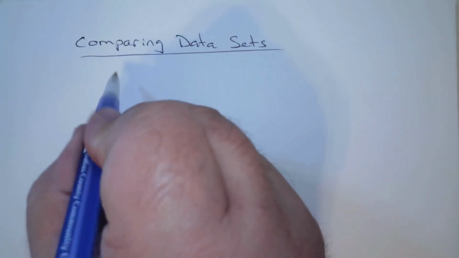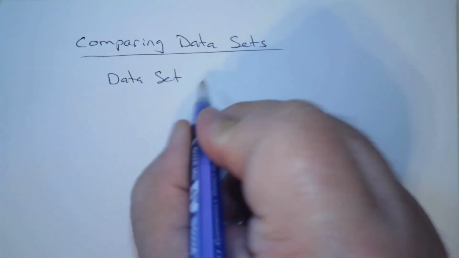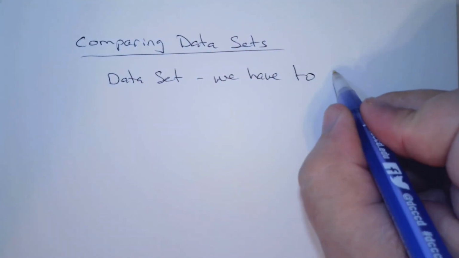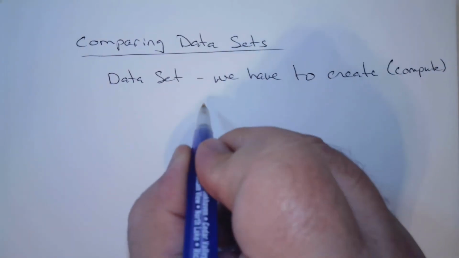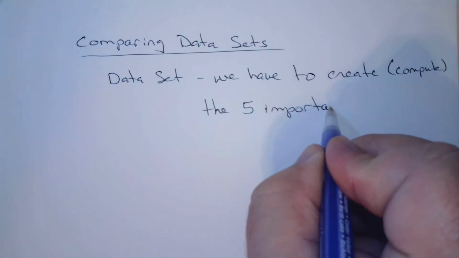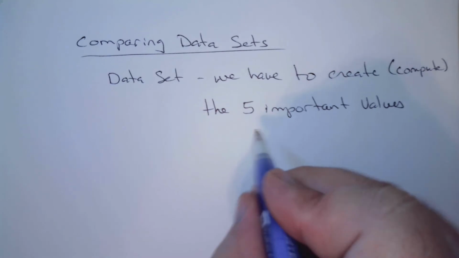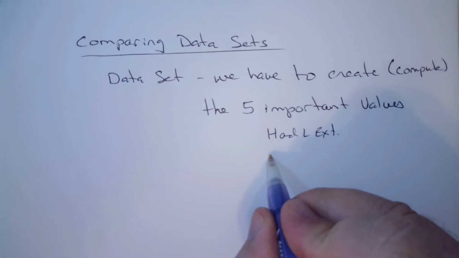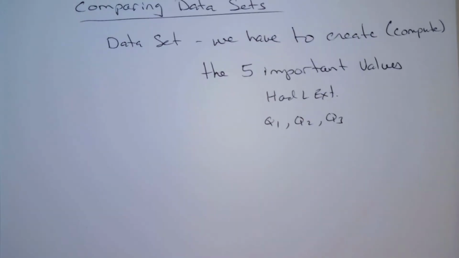Remember, in our data sets we have to create or compute the 5 important values, those being the high and low extremes, Q1, Q2, and Q3. We need those 5 numbers.